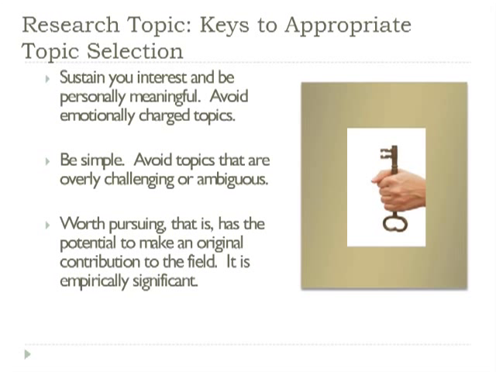Finally, and again, the things that I say over and over again are really important. Like I said, the two most important things you need to consider in selecting an appropriate topic is making sure that it's actually worth pursuing. And we've talked about it being worth pursuing empirically, but also practically. How are people in the field actually going to use the results that you find?